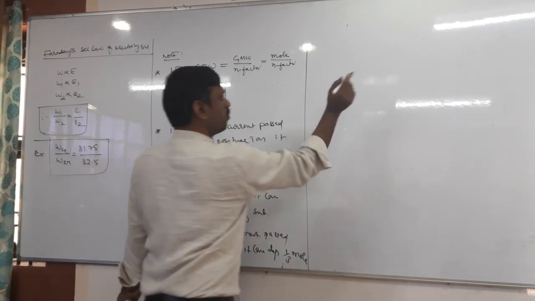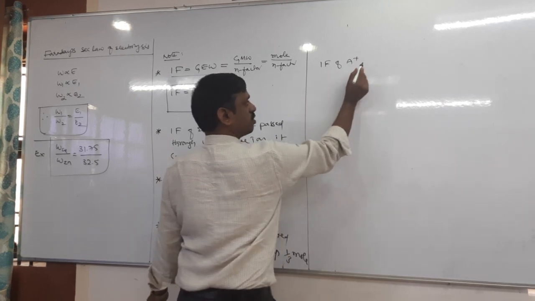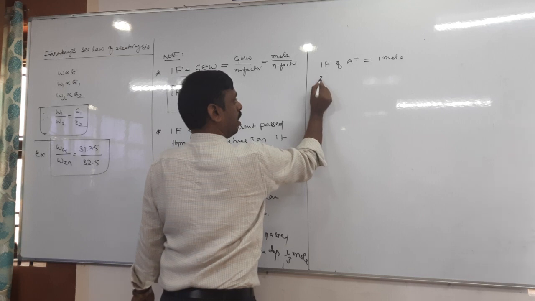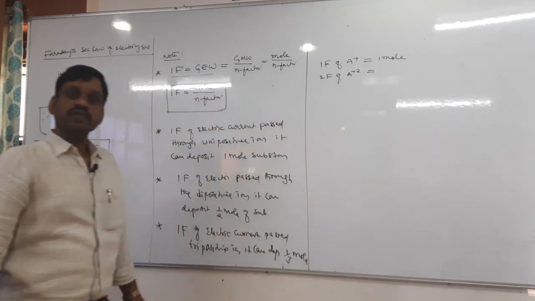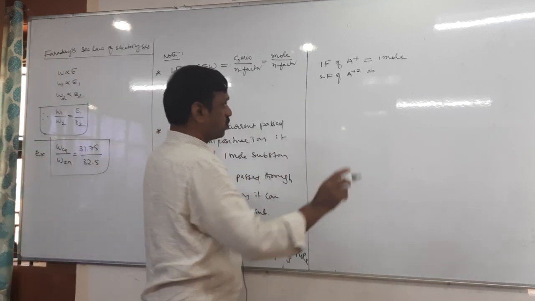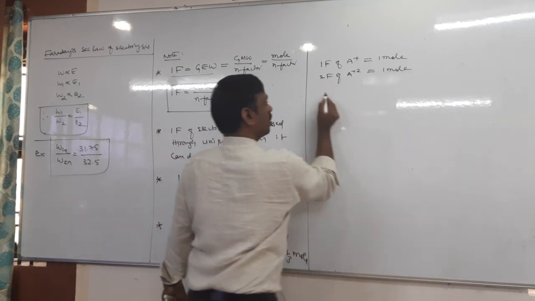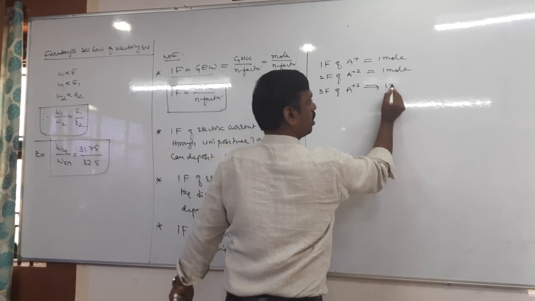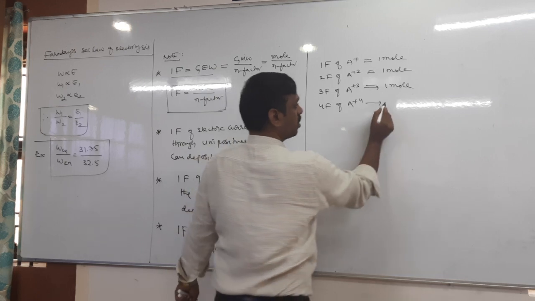Okay, so can we write like this? 1 Faraday of A plus equals 1 mole. 2 Faraday of A plus 2 equals 1 mole, because 1 Faraday of A plus 2 equals half mole. 3 Faraday of tripositive ion also equals 1 mole, and 4 Faraday of A plus 4 can also deposit 1 mole.